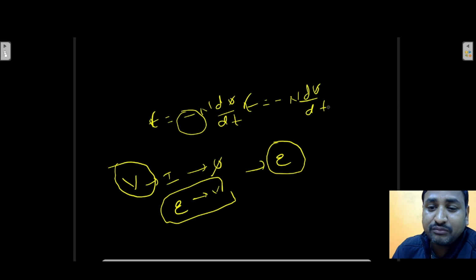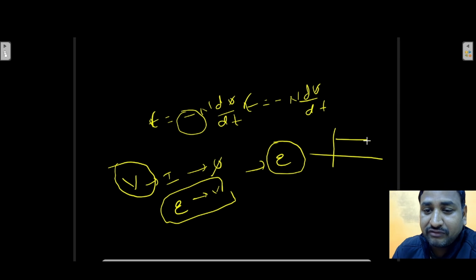If I give a DC voltage, what happens is, DC voltage is constant. It means the flux produced by DC voltage is also constant. For example, VDC is there. The current produced by VDC is IDC.